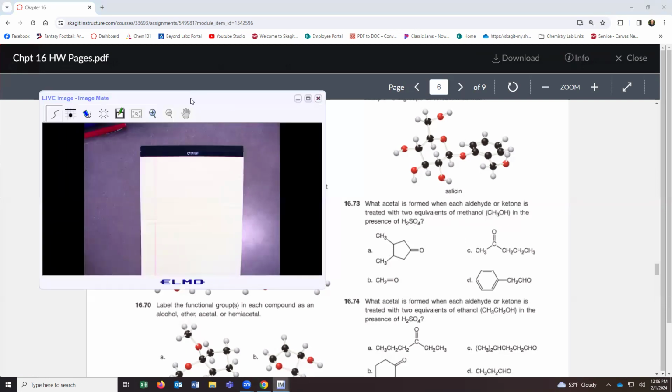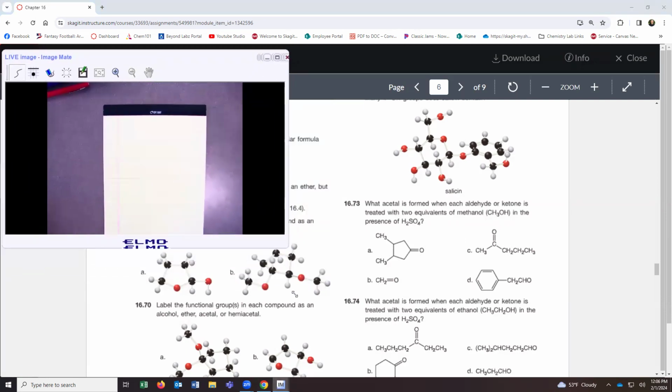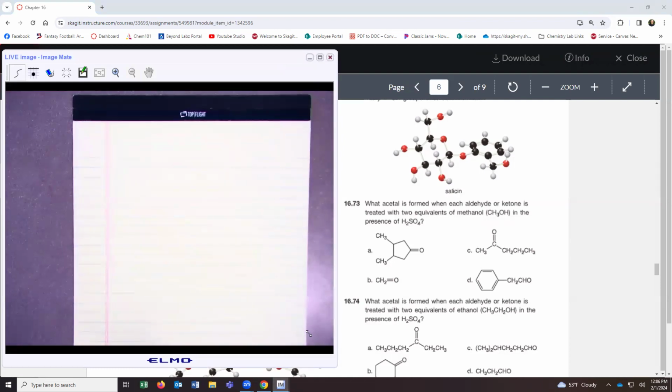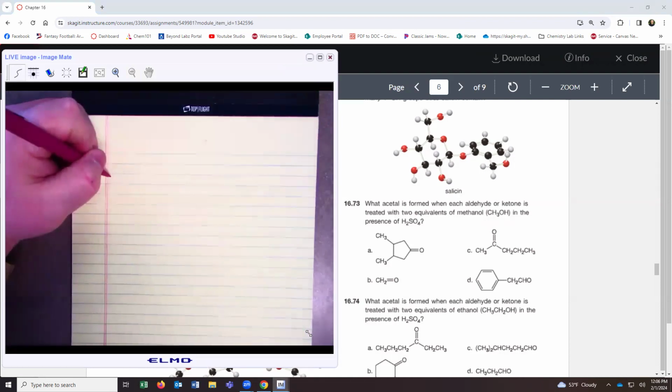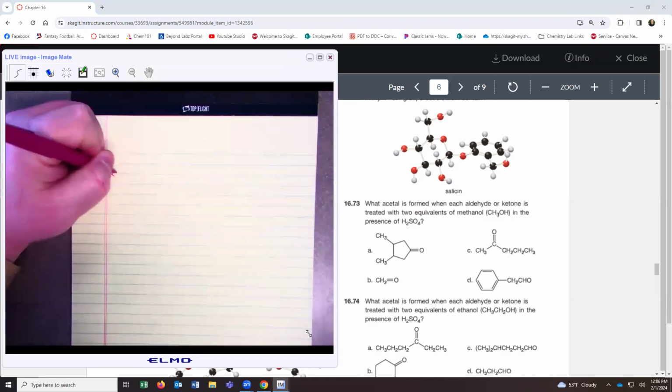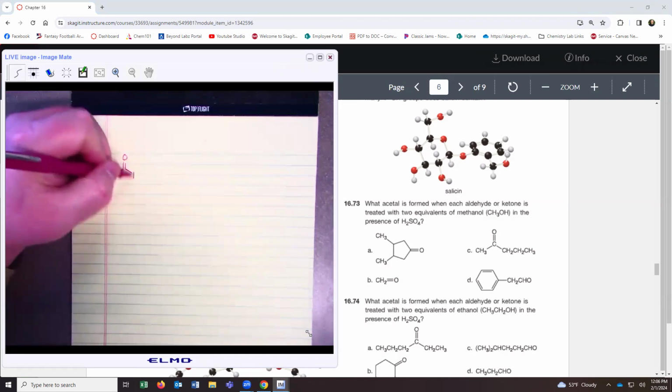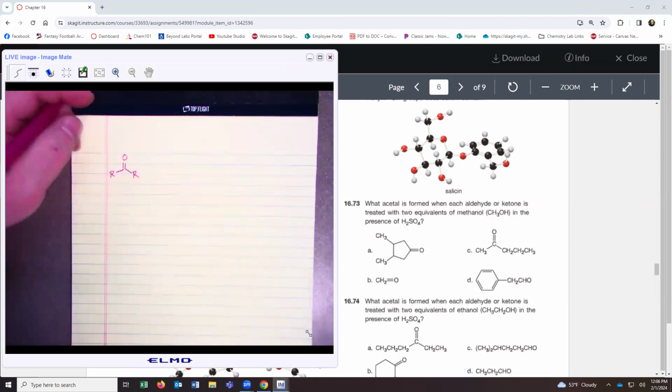All right. So remember, generally speaking, I'll try to color code this. And I'm showing a ketone here for an example, but it could be an aldehyde as well.